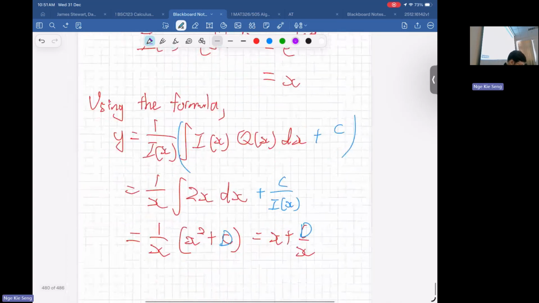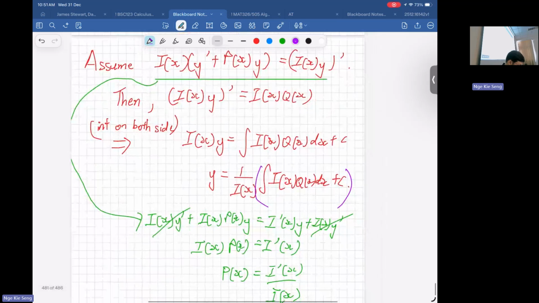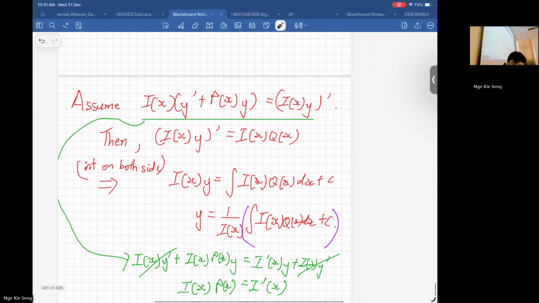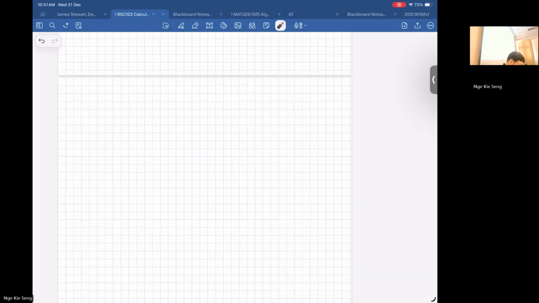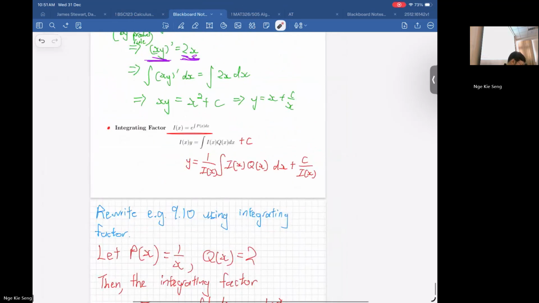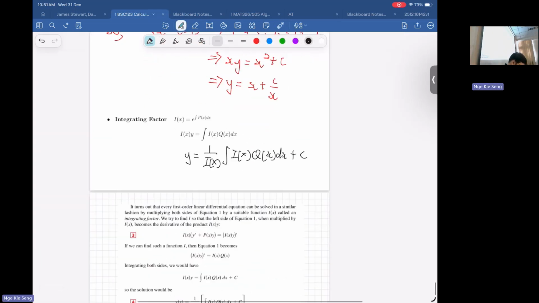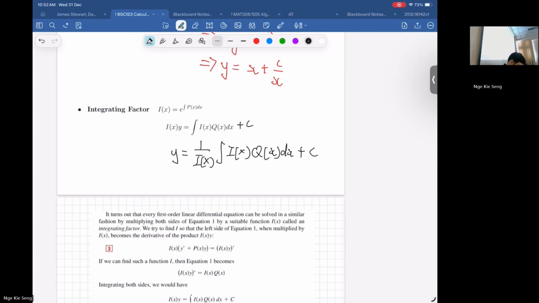Because if you look at our derivation here, actually we got a C. Maybe I read C over... C is a real number.